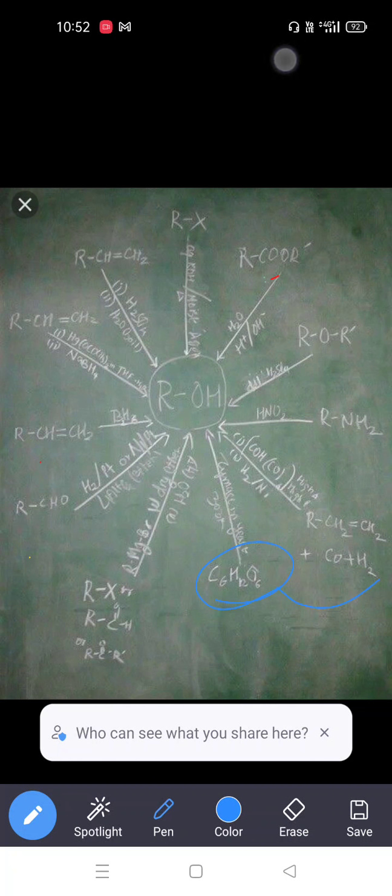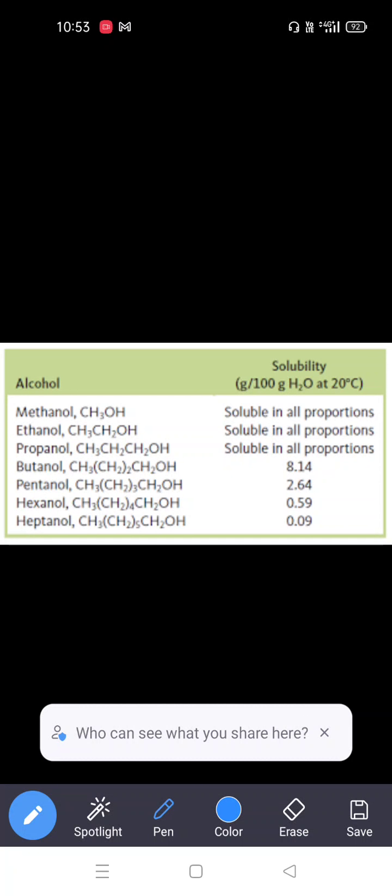Okay, now we are studying the physical properties of alcohols. Alcohols with fewer carbons are soluble in water.